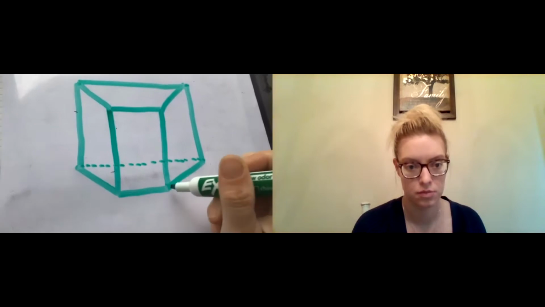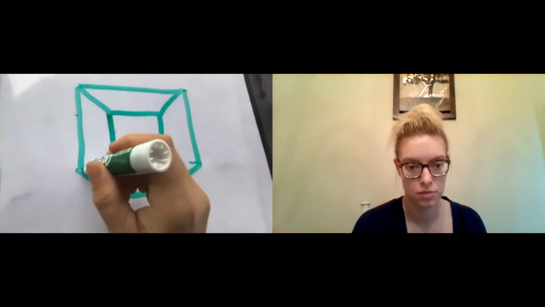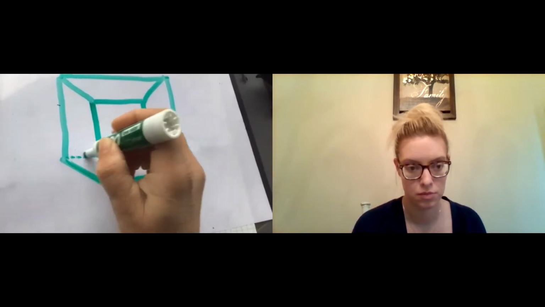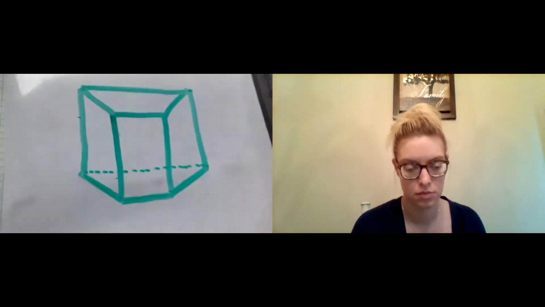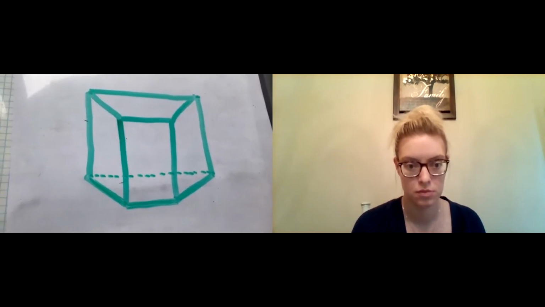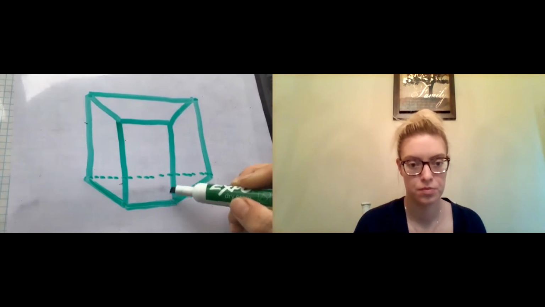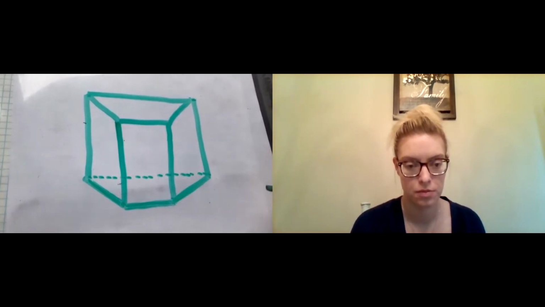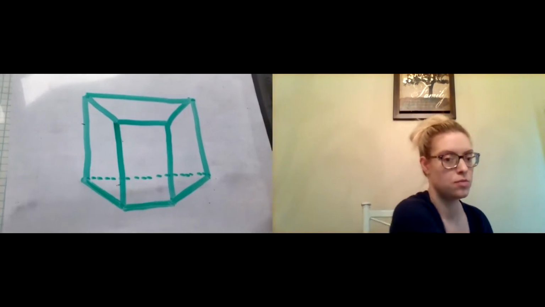Then I look at those bases. The base has 1, 2, 3, 4 sides. It's not a rectangle, it's a trapezoid. So this would be a trapezoidal prism.